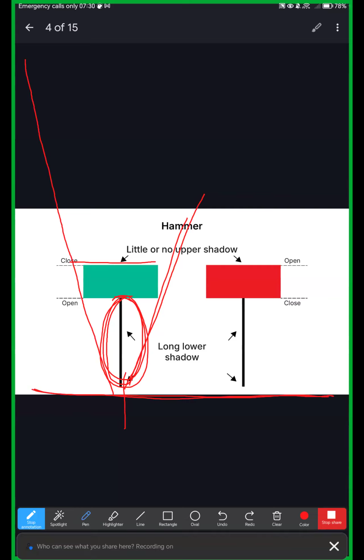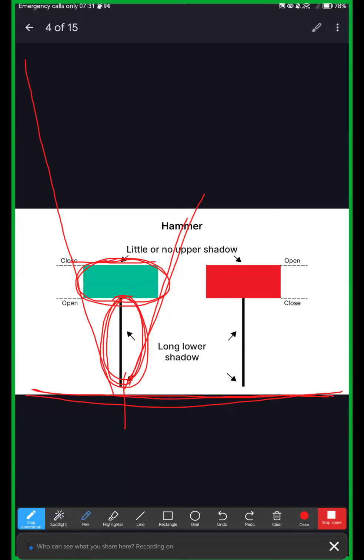If you can relate, you are going to find out that a Dragonfly Doji and a hammer are located at the bottom of the trend. The Dragonfly Doji and a hammer, I'm not saying that they are the same, no, because the hammer has got a proper head. You can see there is a proper head in the hammer, different from a doji.